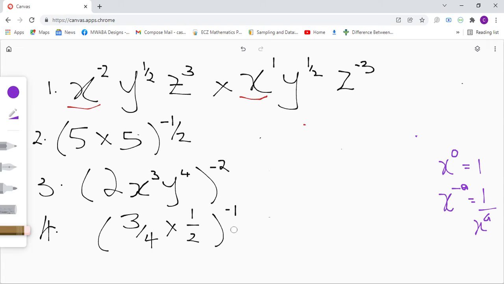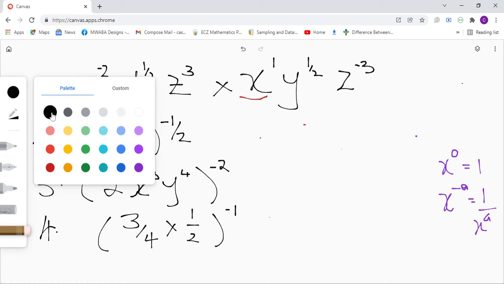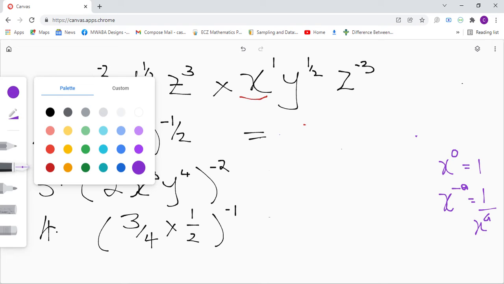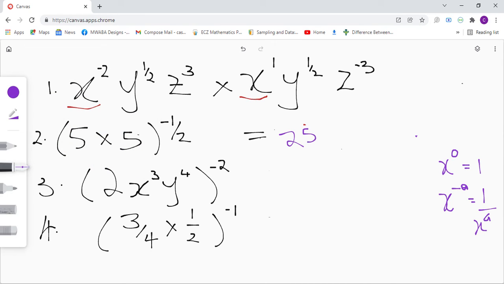Right, we have 5 times 5 to the power negative half. And remember, in pure maths, order of operations, parentheses, then exponent. So I'm going to say 5 times 5, that's 25, to the power negative half, which is the same as saying 1 over 25 to the power half.